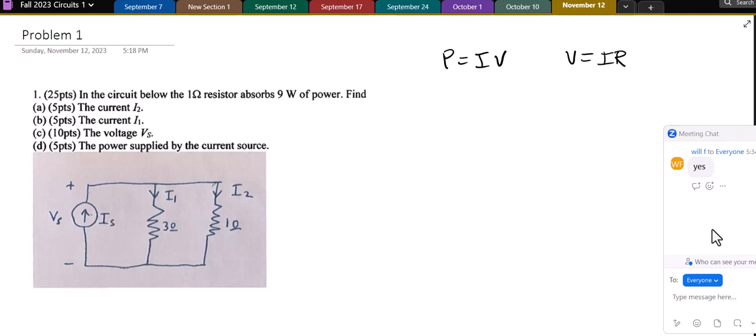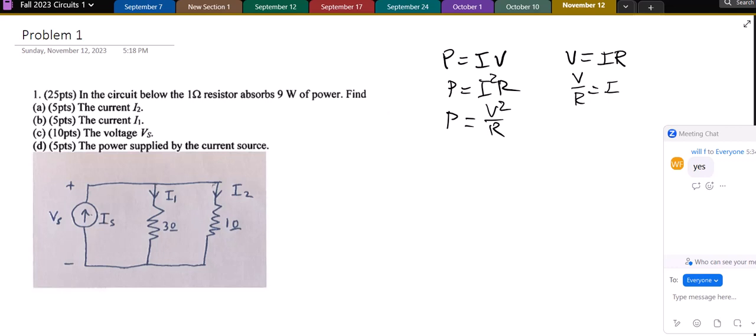V equals IR, so I can plug that in for V, and I get P equals I squared R. Or I can solve for I, and I would be V over R, and I can plug that in for I, and I get P equals V squared over R.